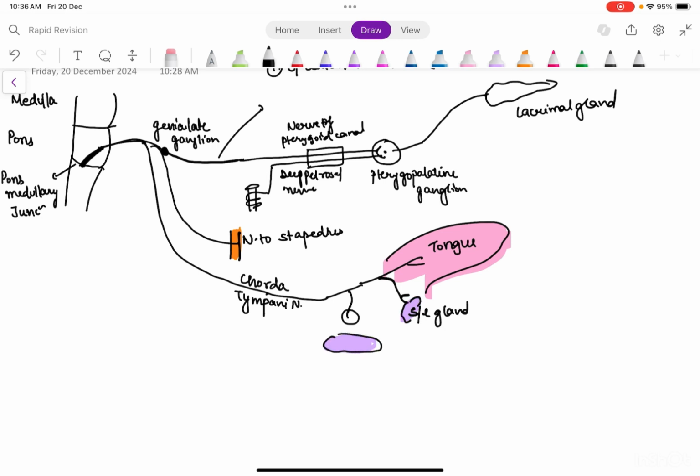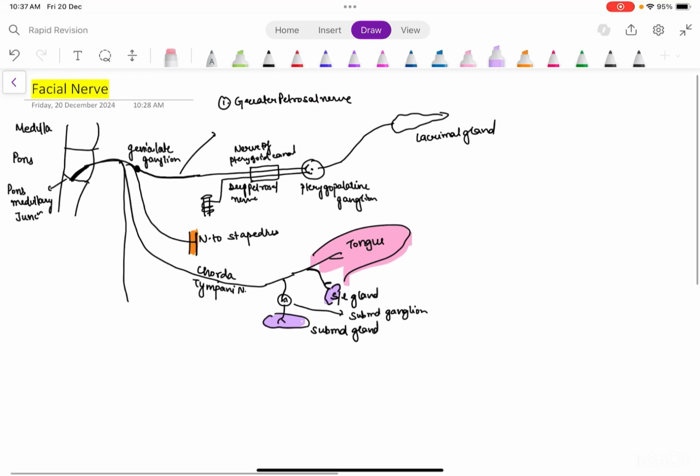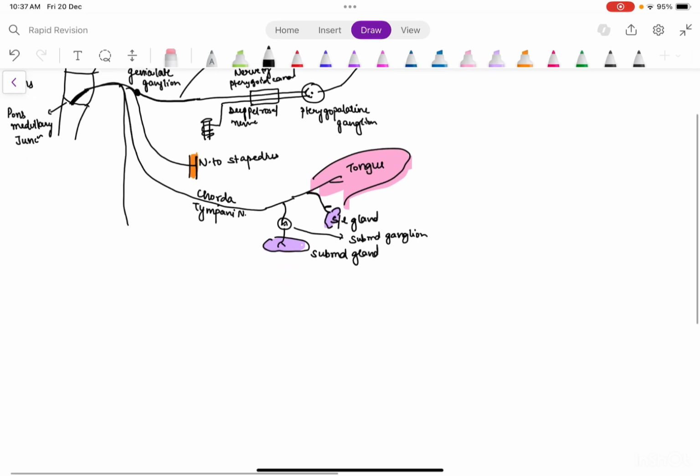And here we have the submandibular ganglion, then supplies the submandibular ganglion, right? Then what happens is, it passes through the stylomastoid foramen and then it gives three branches.